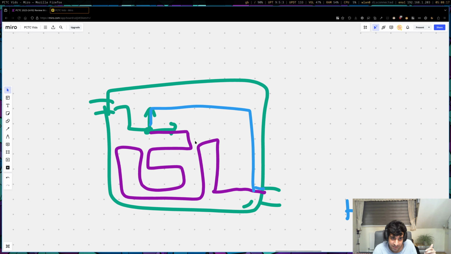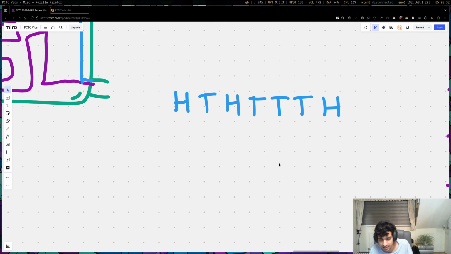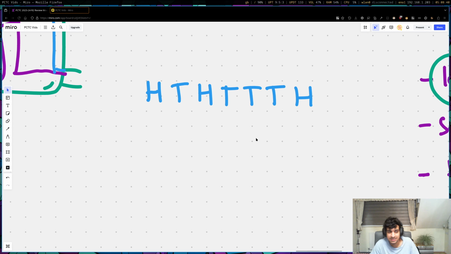Or if I ended up reaching this point in my purple route, I've already taken so long, I might need to backtrack all the way back up my purple route and try the blue route. This idea of backtracking is the idea that maybe you need to take an indirect route to get an overall better answer. And for some reason, that's not applicable in this problem that we're given in PCTC. And I still don't really understand why, to be honest. But that's just how it is.